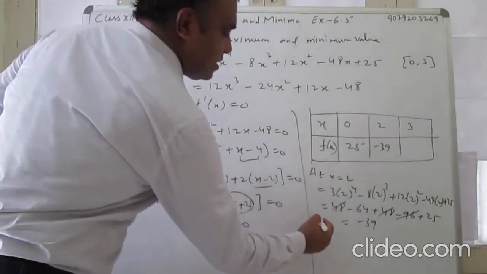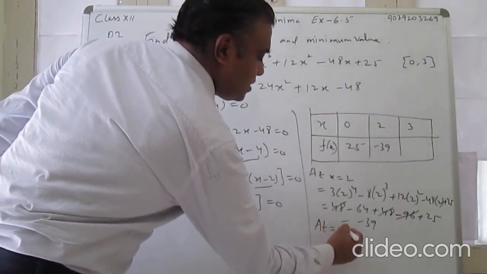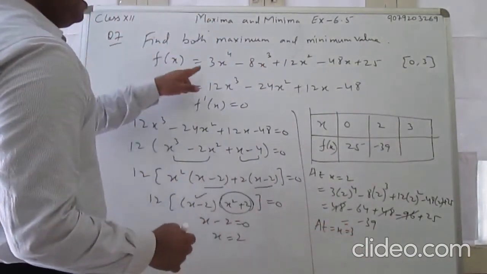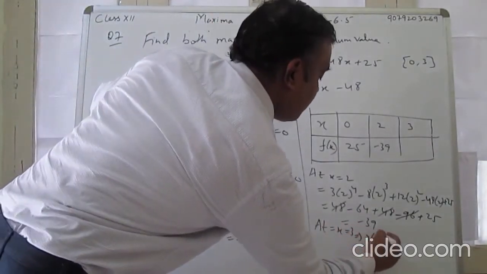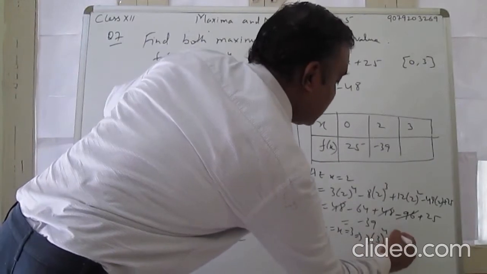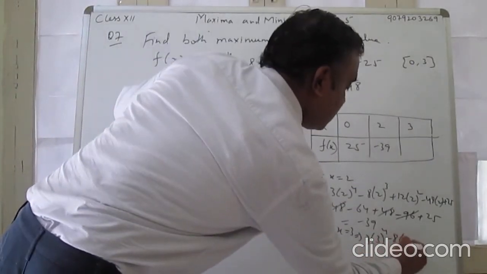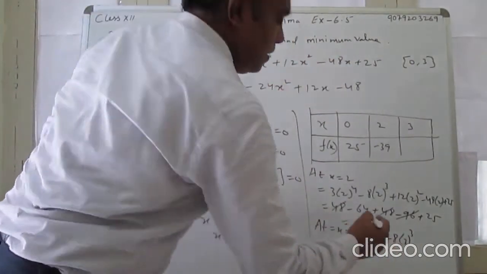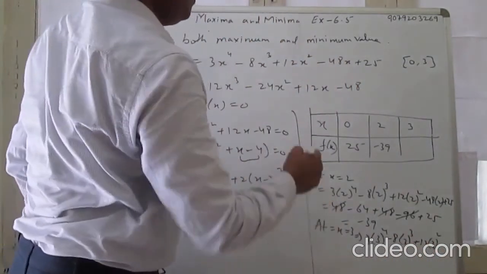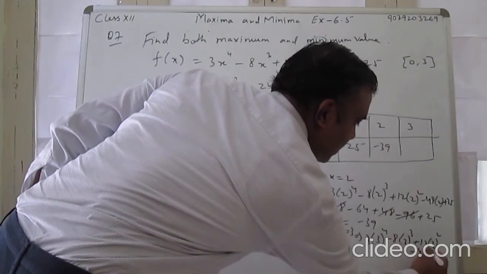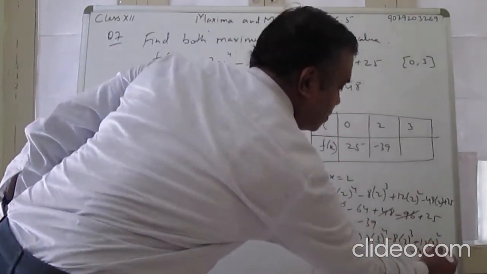Now at x is equal to 3. See here, 3 into 3 to the power 4 minus 8 into 3 to the power 3 plus 12 into 3 to the power 2 minus 48 into 3 plus 25.